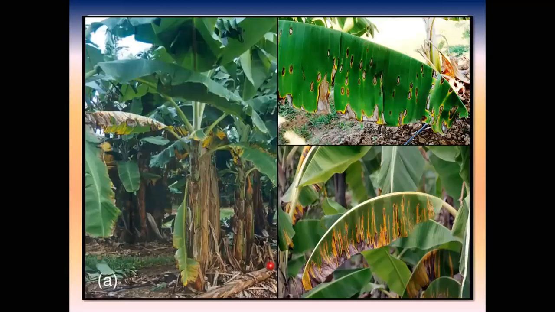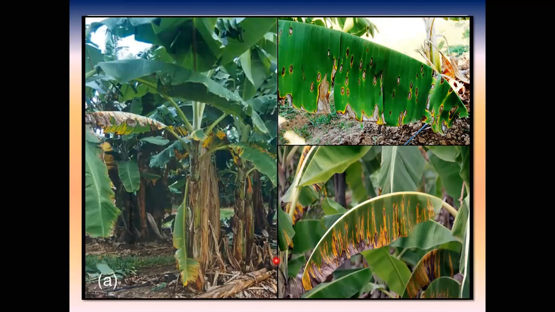Then the third most important disease, that is Sigatoka leaf spot. This is the most common and is seen in all varieties of banana. This disease was first observed in Java in 1902.